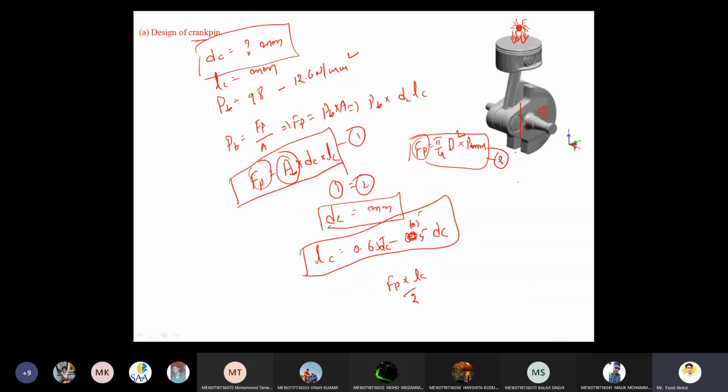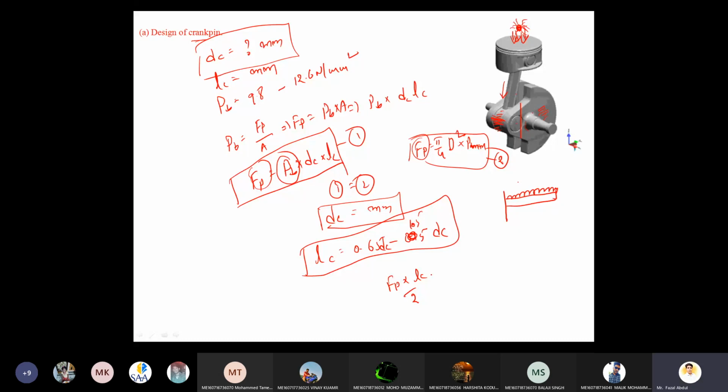The connecting rod covers the entire portion of the crank pin, so whatever force is coming from the piston is distributed over the entire length of the crank pin. The crank pin is considered as a cantilever beam with a uniformly distributed load, and the maximum bending moment is Fp into Lc by 2.